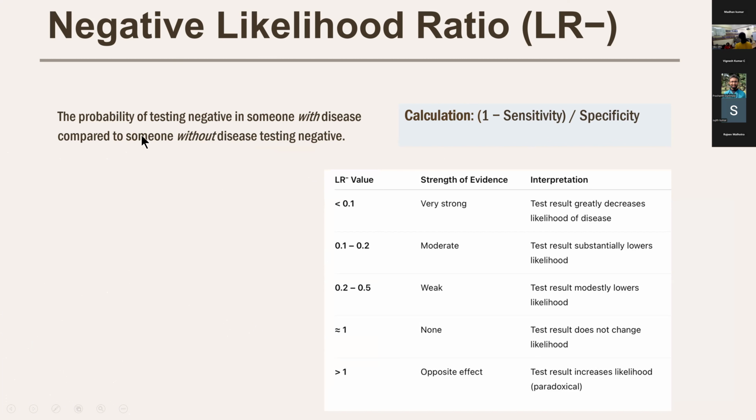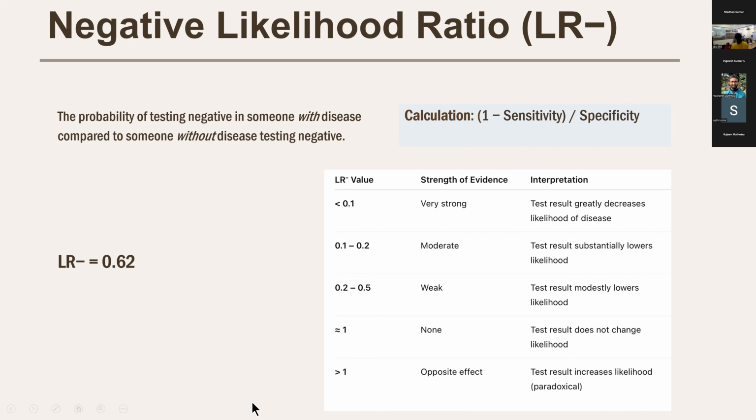Maybe the decimal. Yeah. So the rule of thumb for negative likelihood ratio is only if it's less than 0.1 is there a strong quality of evidence. Here it's just above 0.5. So it's actually very weak or almost no negative likelihood ratio.